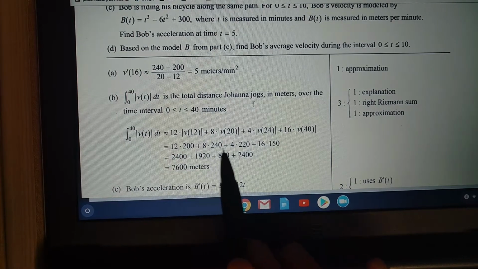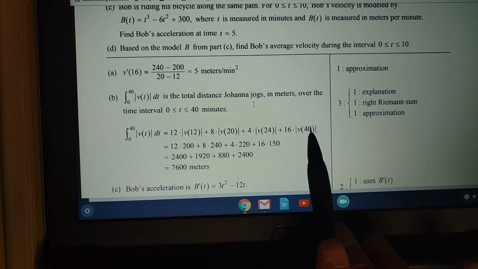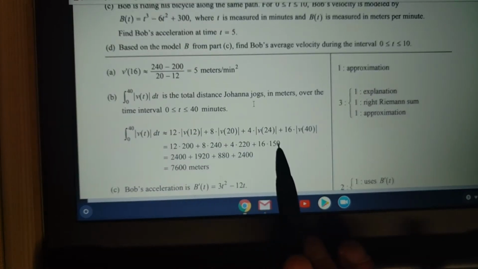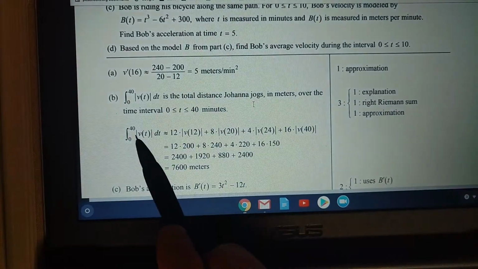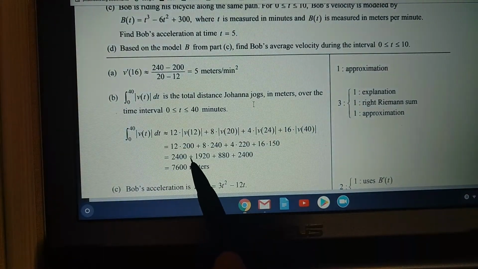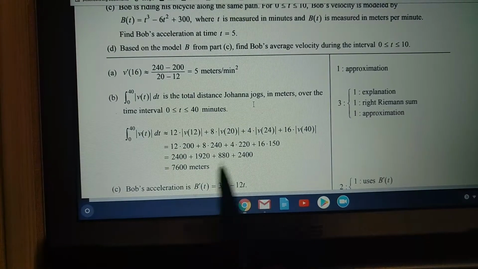Then you get a second point for the right Riemann sum. That is this line right here. This line gets you that point, or this line does. If you don't have either one of these lines here or here, and you just jump right from here to here, you just did it in your head or did it in your calculator, you do not get the sum point. Okay? You can still get the approximation point if you have this line or this line, but you don't get the sum point.